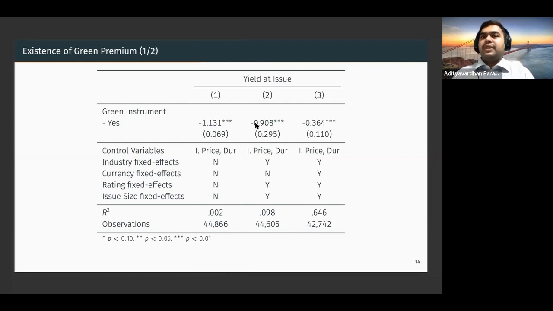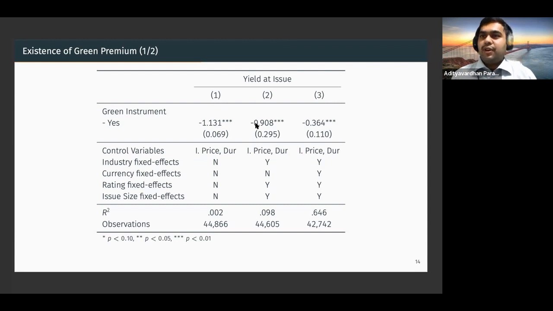So first we start with the existence of green premium. Continuing the analysis by different authors as mentioned above, we first try to provide evidence of the existence of a green premium. This equation tells us that green bonds have a lower yield at issue as compared to normal bonds. So if an issuer has a green bond, it has over 0.36% lower yield as compared to a normal bond.